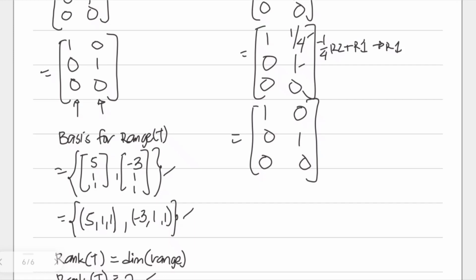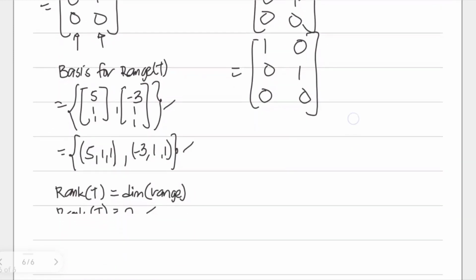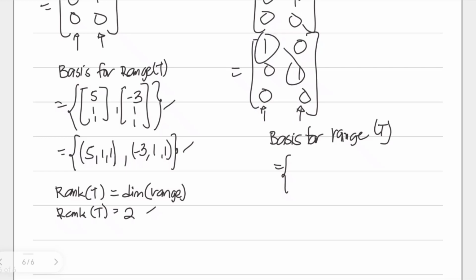So what we could do right now is form the basis for the range of T, which should contain the column space of our initial matrix, since these two columns contain leading 1s.